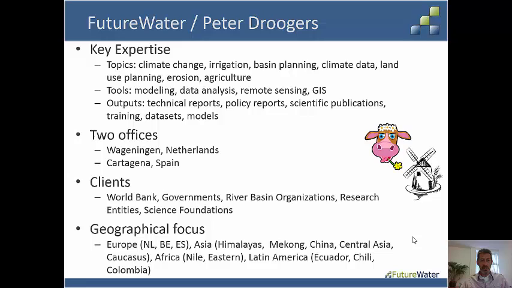Future Water has two offices, one in Wageningen and one in Cartagena in Spain. And we do a lot of projects for all kinds of clients like the World Bank, governmental organizations, river basin organizations, science foundations, etc. And we are working on a global scale, so we have projects in Europe, also projects in Africa and Latin America, but also quite a lot of projects in Asia.